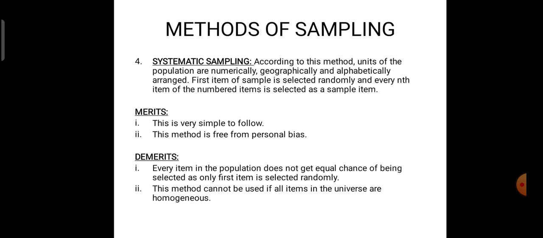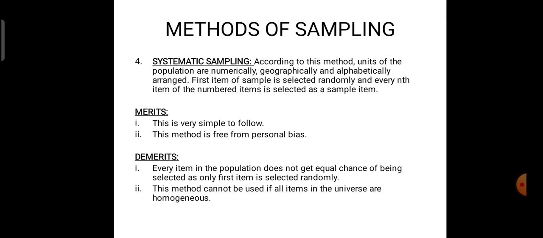For example, the first sample he has selected is the fourth item that he has selected randomly. In that also he cannot do any personal biasness. Now he does not want to select the eighth item, but he has to select it because it is coming in that particular arrangement. Okay, so here the personal likings and dislikings of the investigator are not included.